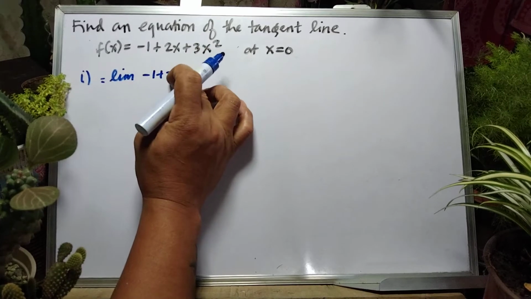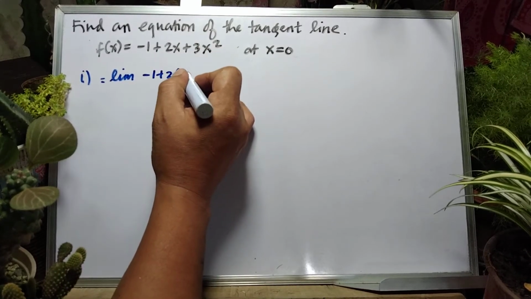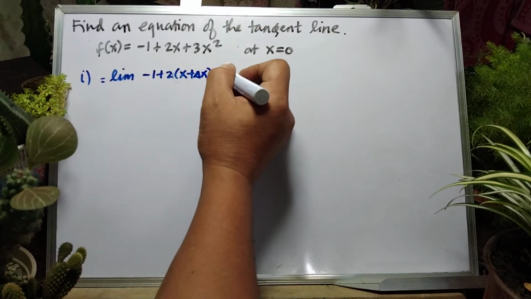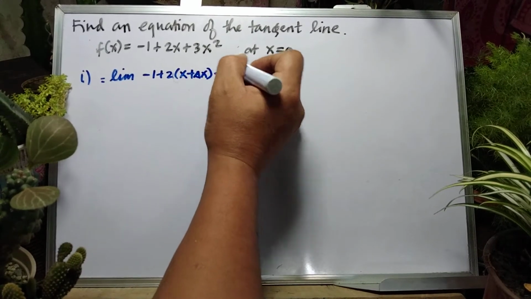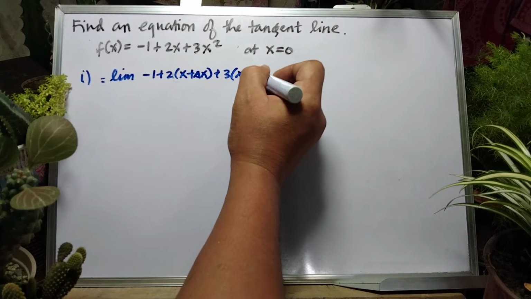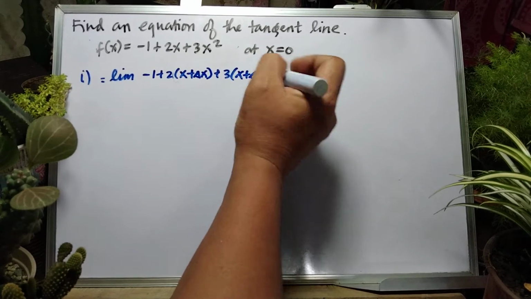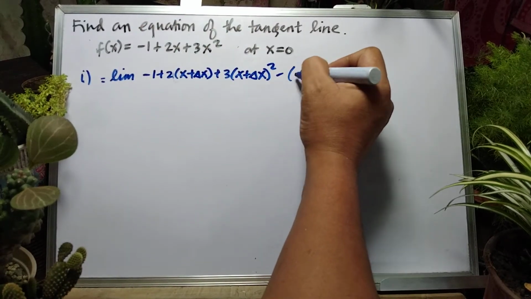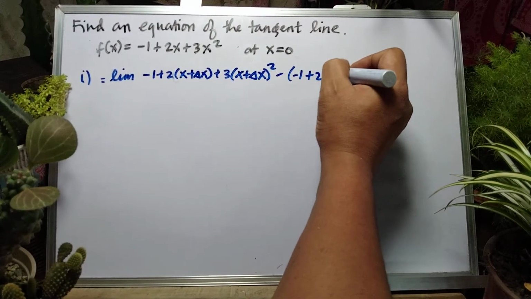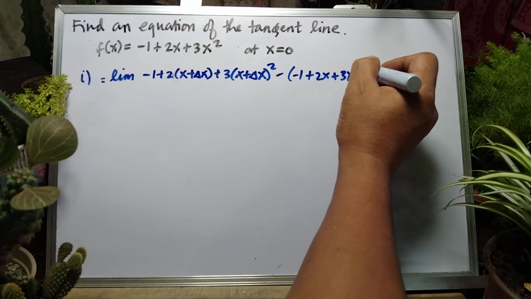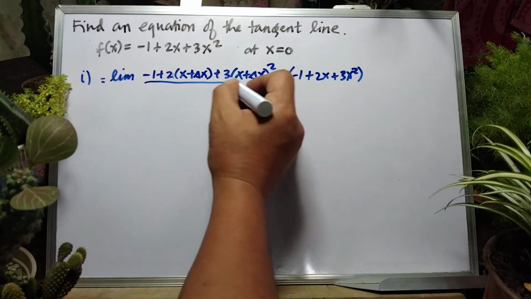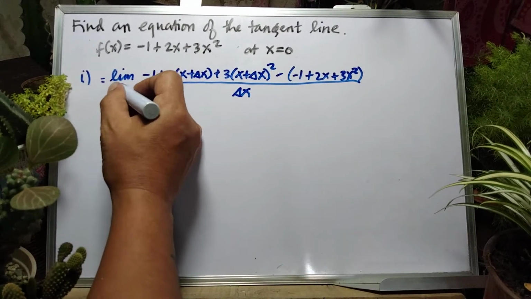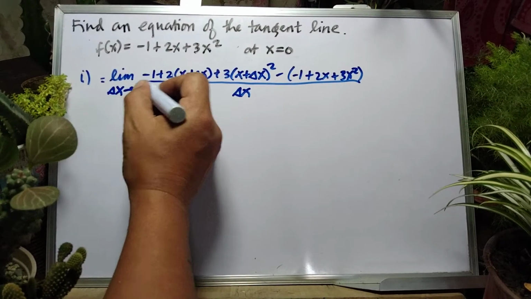We will replace x by, from the definition, x plus delta x, plus 3x plus delta x squared, because squared man na, minus the given function, negative 1 plus 2x plus 3x squared, all over delta x as delta x approaches 0.